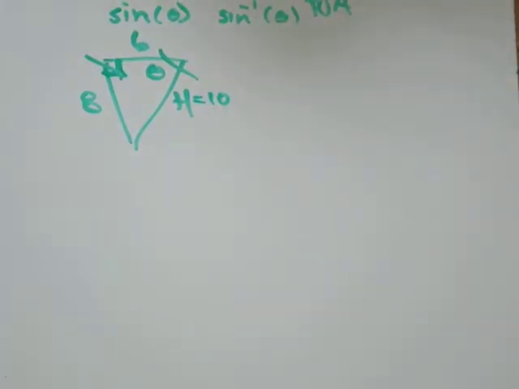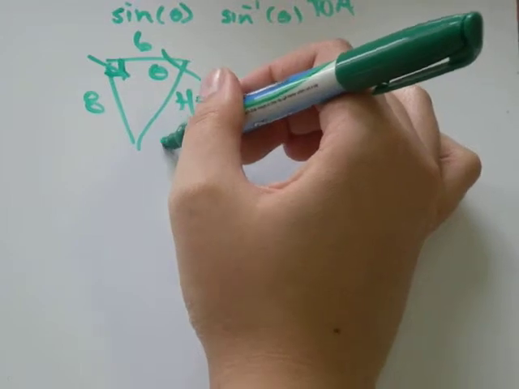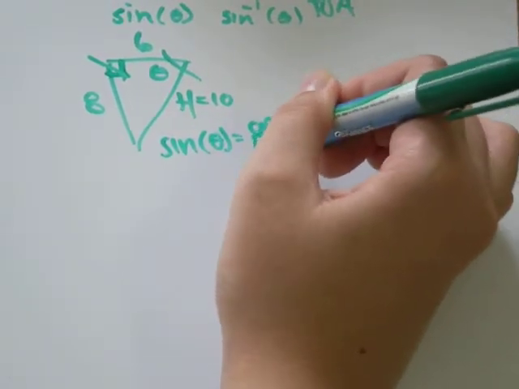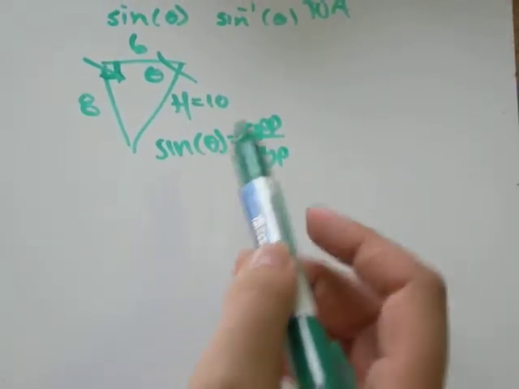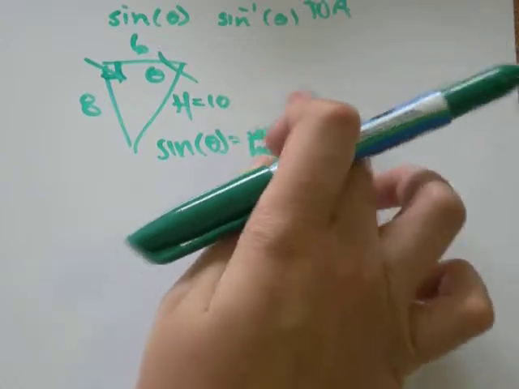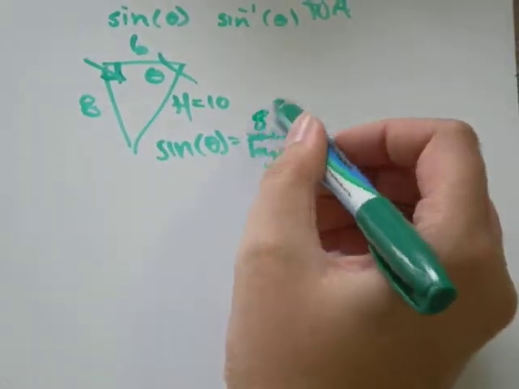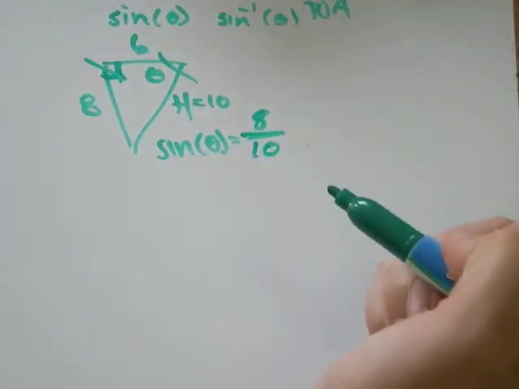Okay, so I would first start by writing down the formula. It will be sine theta equals opposite over hypotenuse, just like before. Sine theta is our unknown. The opposite side from the angle will be 8, and the hypotenuse will be 10.